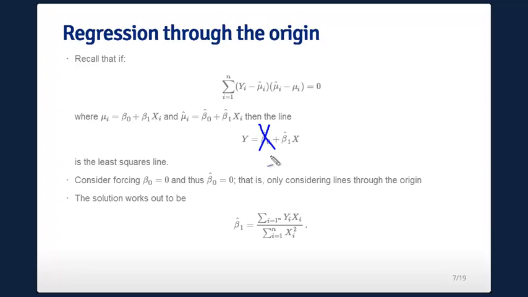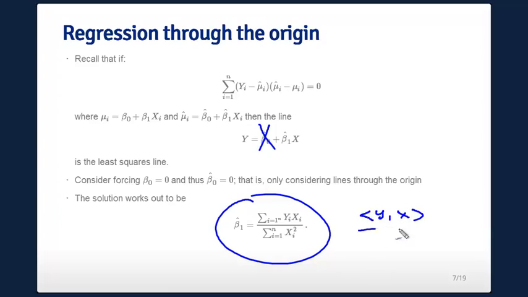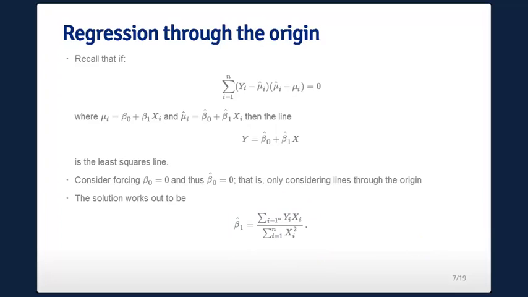And in this case, the solution works out to be beta 1 hat is the inner product of y and x divided by the inner product of x by itself. If you're used to that sort of notation, it works out to be that, and it'll make a little bit more sense when we include an intercept.